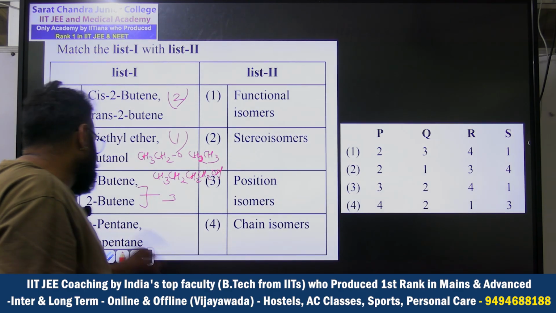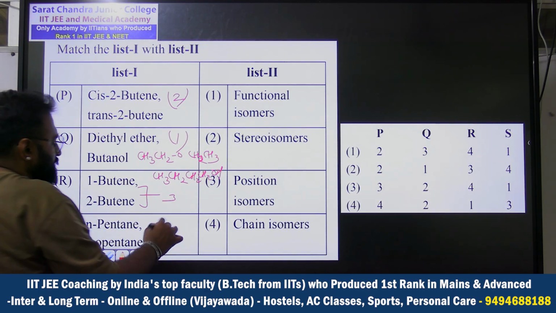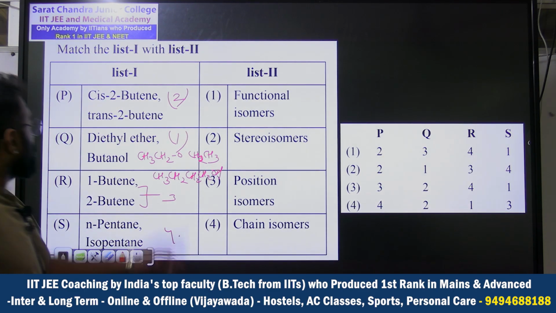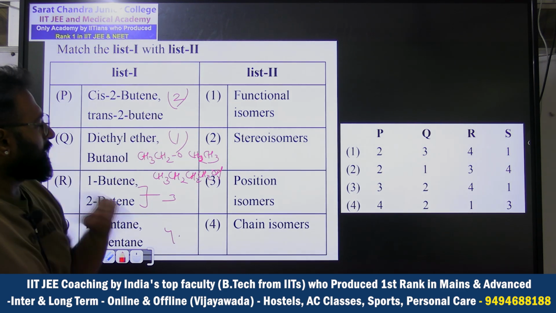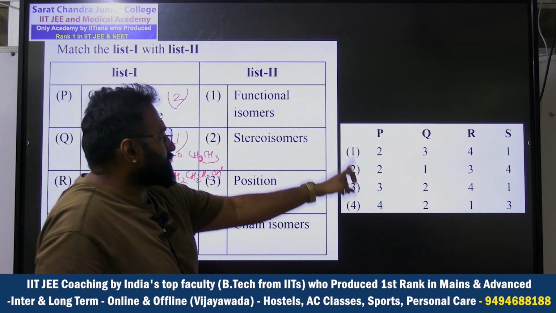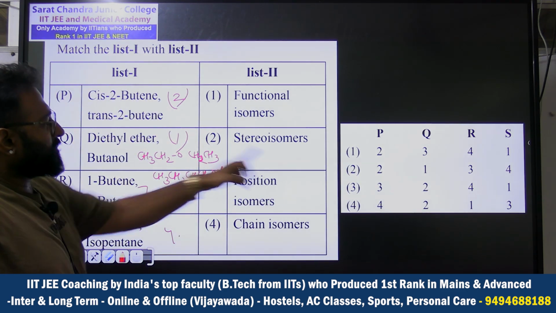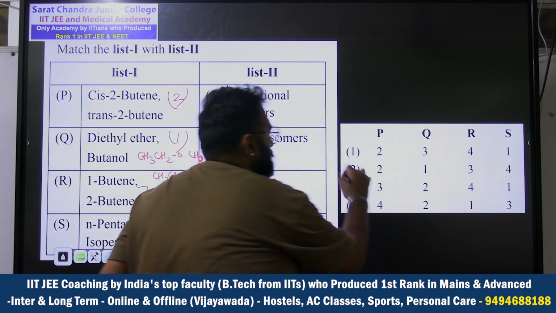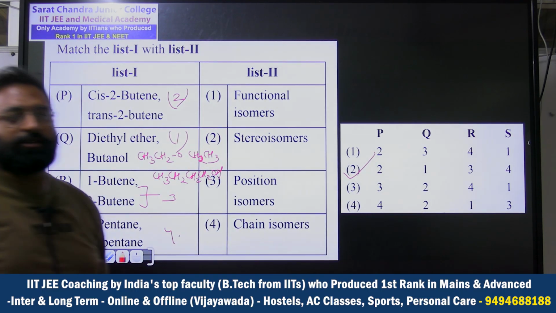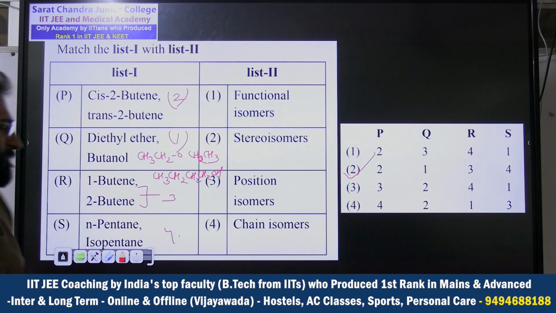N-pentane and isopentane are chain isomers. So P it is second, and from options 1 and 2, Q it is first. Meaning option number 2 will be your correct answer.